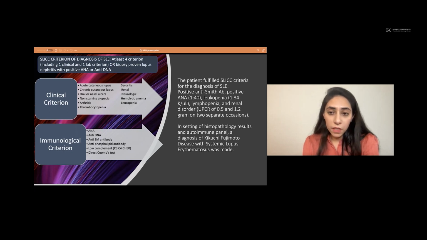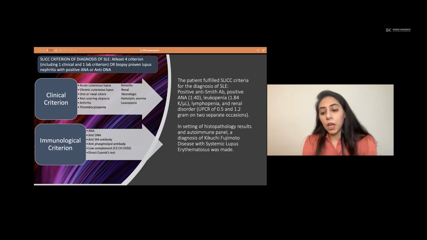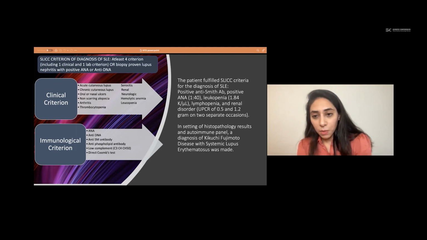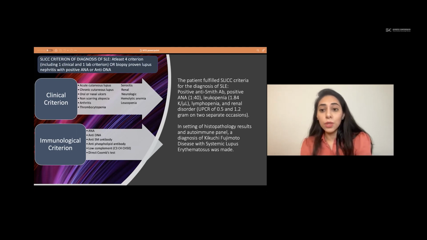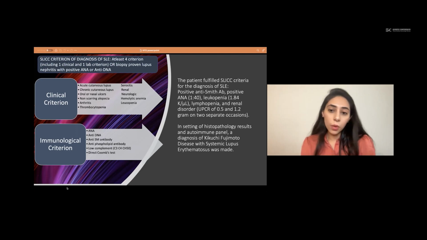It was 0.5 initially, and when we repeated it a few days later, it was 1.2. Given that he fulfilled 4 of the criteria, he met the SLICC criteria for diagnosis of systemic lupus erythematosus. This diagnosis, in the setting of the histopathological slides, led to our patient being diagnosed with Kikuchi-Fujimoto disease along with SLE.